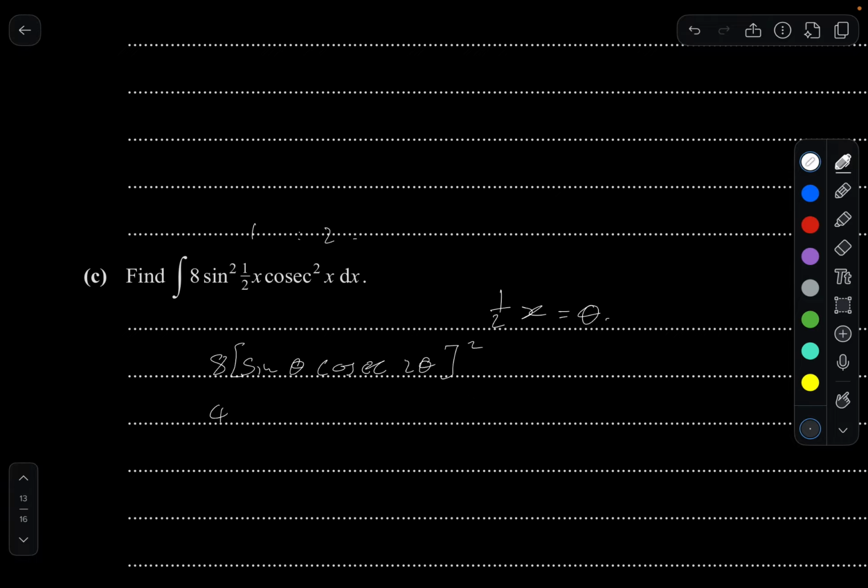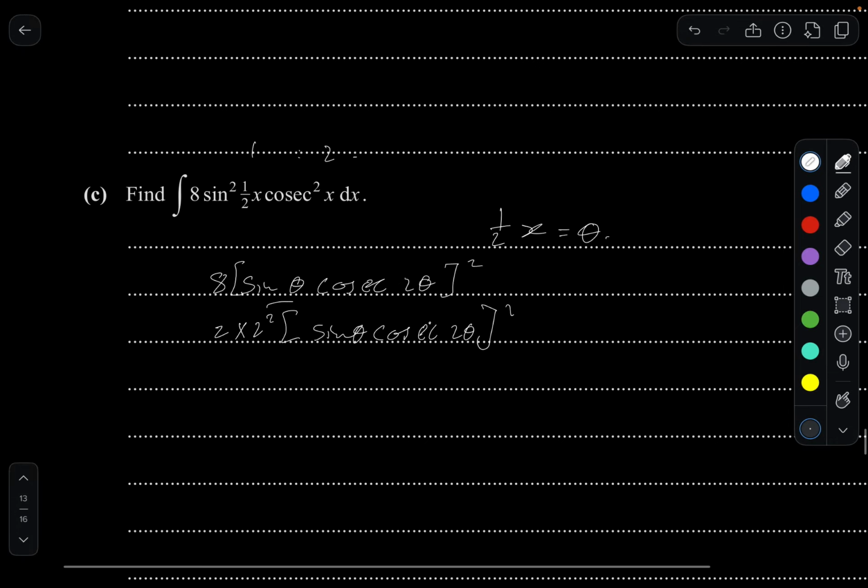So that becomes 4, which comes out as 2, because it has to enter as squared. So it will be times 2 squared sine theta cosec of 2 theta squared.